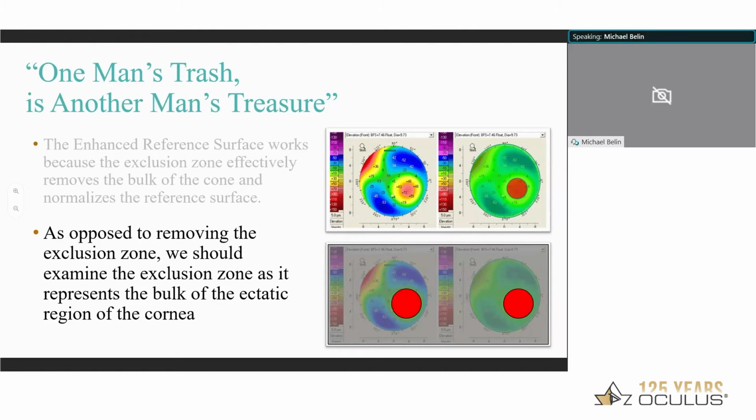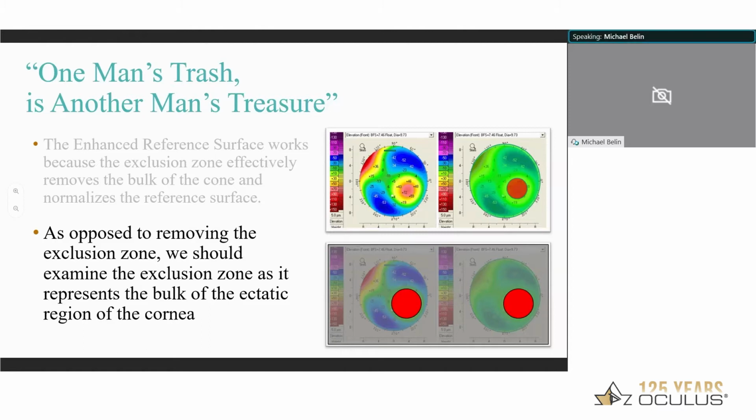Now, in the BAD display, that exclusion zone is actually a complicated algorithm that varies that exclusion zone between 3 and 4 millimeters, depending on a number of clinical parameters. But in moderate to advanced keratoconus, that exclusion zone almost always defaults to a 3 millimeter optical zone.